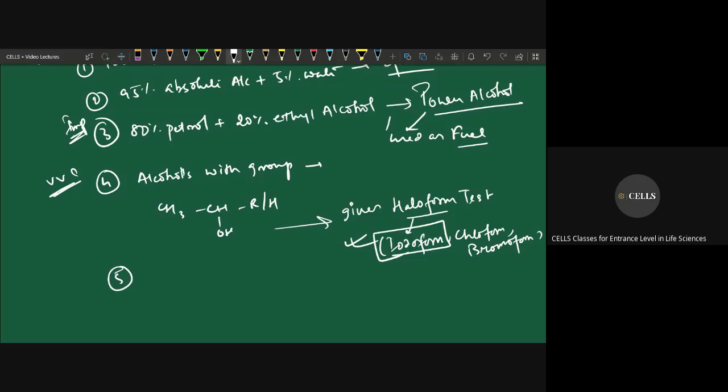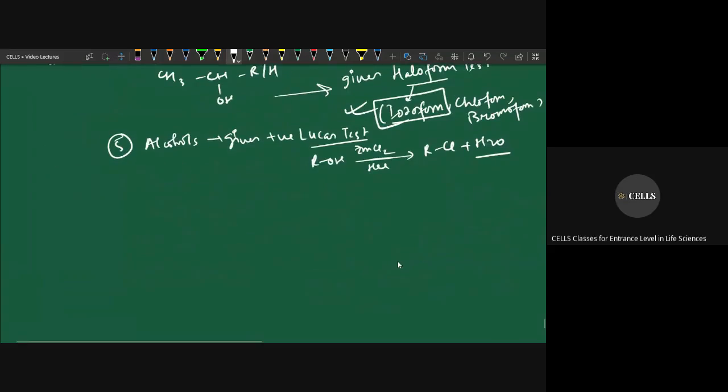And 5th, alcohols also give a positive Lucas test. So if there is ROH, ZnCl2 plus HCl, it gives RCl plus H2O. So this is the Lucas test. Normally the tertiary alcohol gives the Lucas test best, then secondary, then primary.